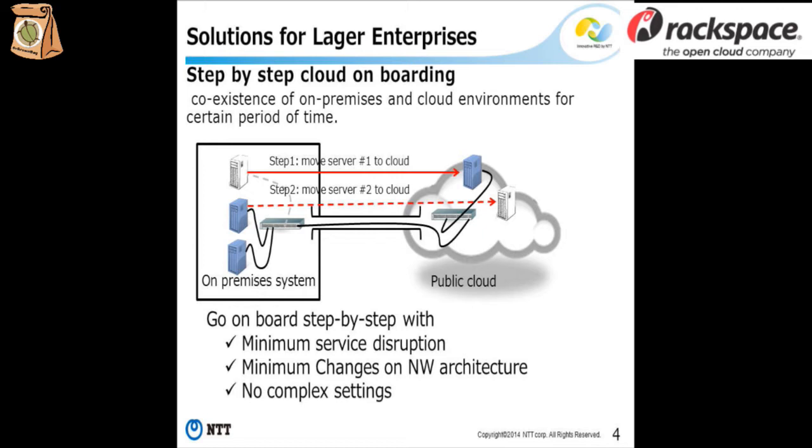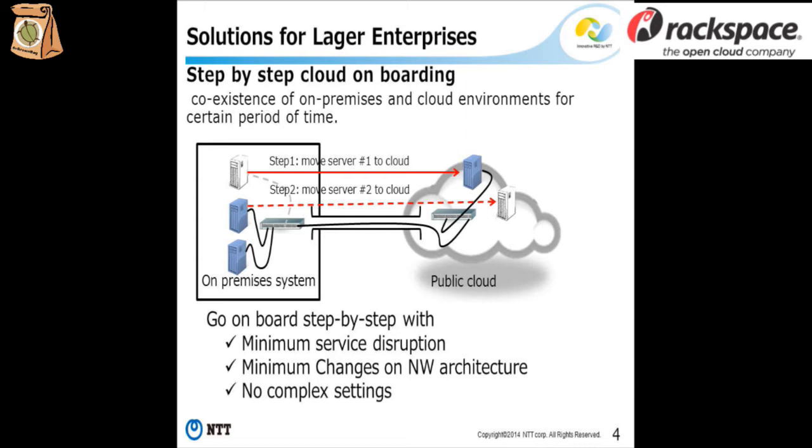So we came up with this solution: provide a system where the on-premise system and the cloud system can coexist for a certain period of time, so they can move their servers to the cloud step by step. As in this diagram, you can move your web servers in the first stage, and in the second stage another set of servers, and so on, until you move your whole system to the cloud. You can onboard step by step with minimum service disruption.